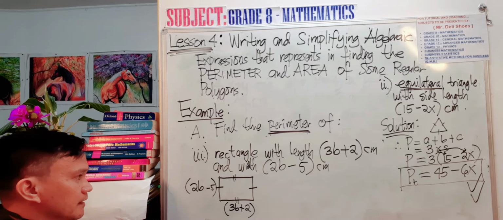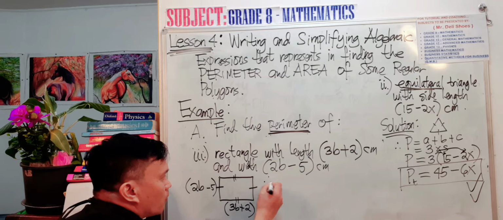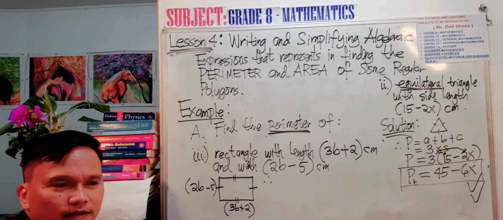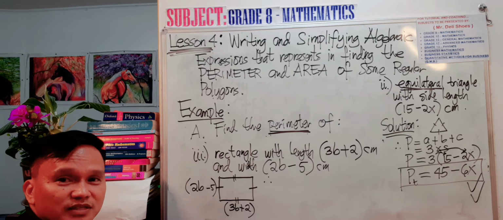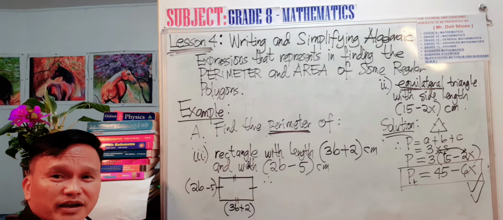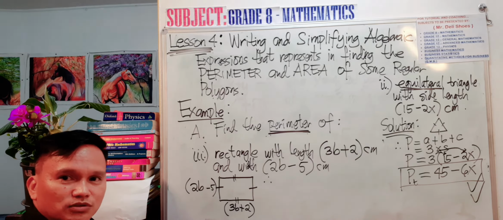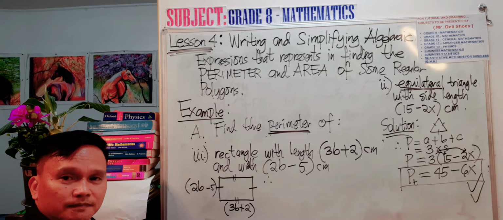5. So therefore, what is the formula of the perimeter of a rectangle? Tell me, what is the formula of the perimeter of the rectangle? You have to memorize it, grade 8 students, or the grade 7 or the grade 9 students, because your teacher, grade 10 students, even the grade 10 students can use this one as your revision.